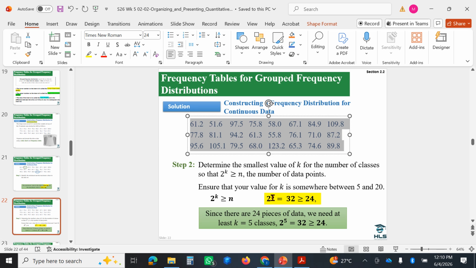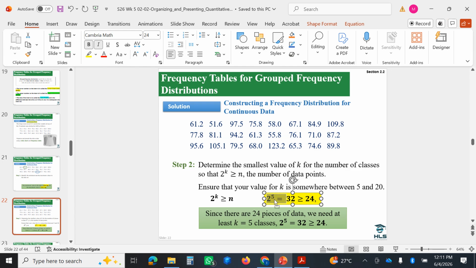So 2 to the power 5, 2 times 2 times 2 times 2 times 2, is 32. 2 to the power 4 would be 16, which is too low. So K is 5, which means we are going to have 5 classes.